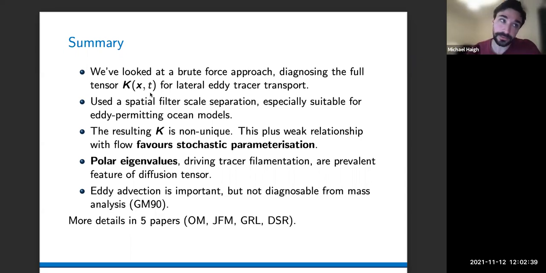So no doubt that the spatial patterns of the transport tensor entries look different, but the prevalence of these opposite signed eigenvalues, or the relationship that the transport tensor has with the large scale flow, or the role that eddy advection plays, are largely the same.